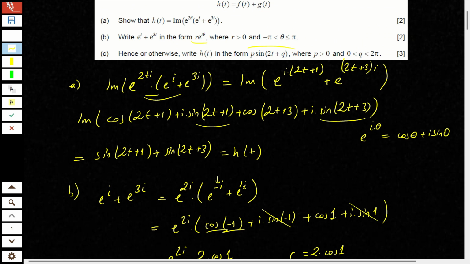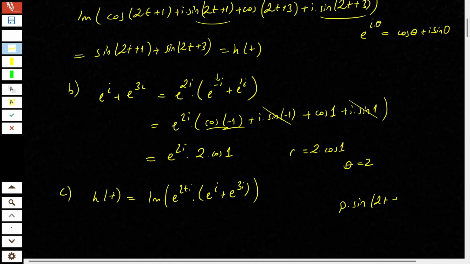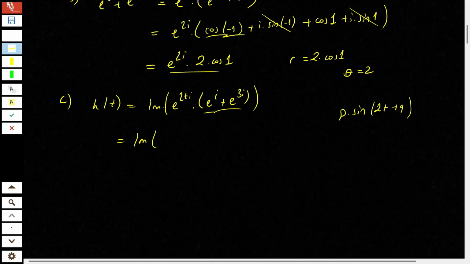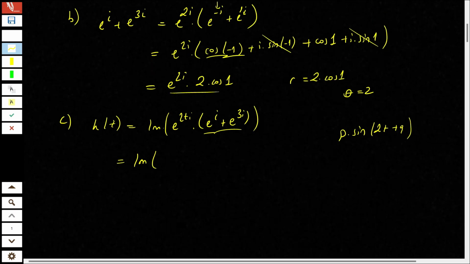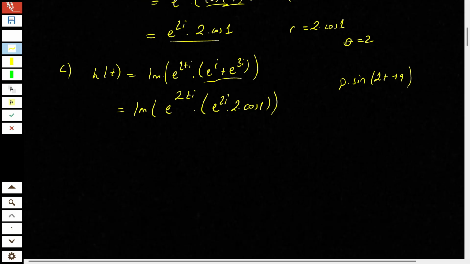And our goal is to write it as p times sine of 2t plus q. So how are we going to do that? Let's write it here again. What we found in the previous question is e to the power of 2ti times e to the power of 2i times 2 times cosine 1, right? This is what we found in the previous question.